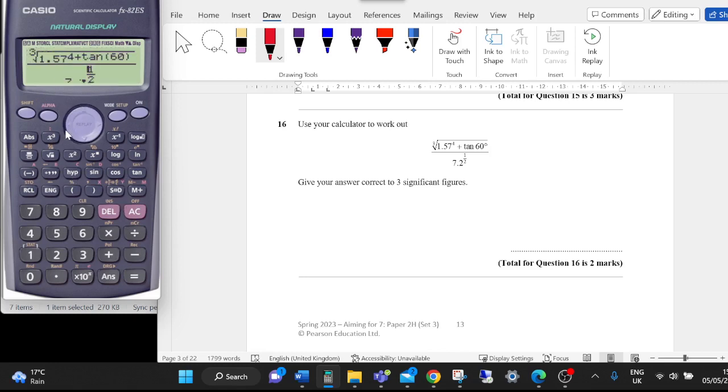Different answer. Let me just check what I've typed in wrong then. There we go. So a number of errors in my typing in. I say it's pretty straightforward typing it into your calculator, but I've made 2 mistakes in typing it into mine. So tan 60. There we go. So that's what the mark scheme says as well.